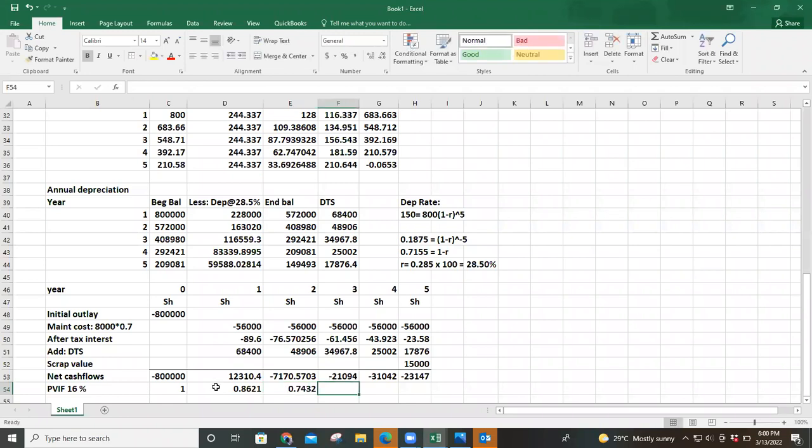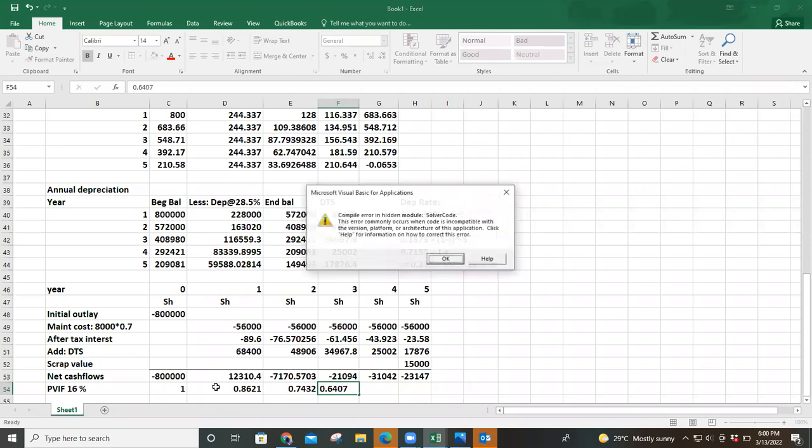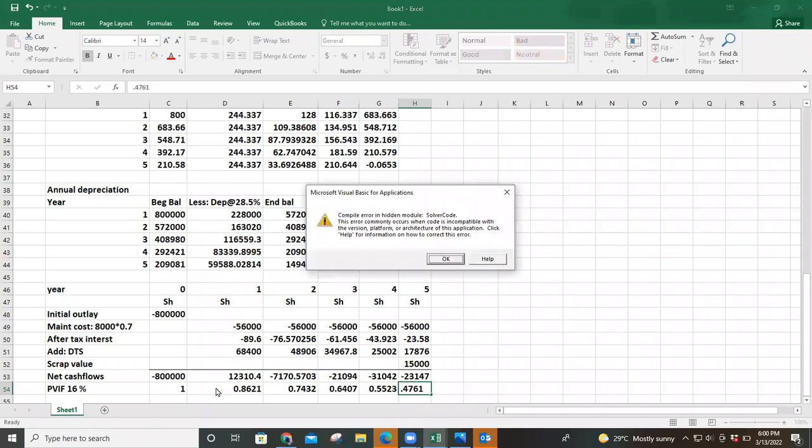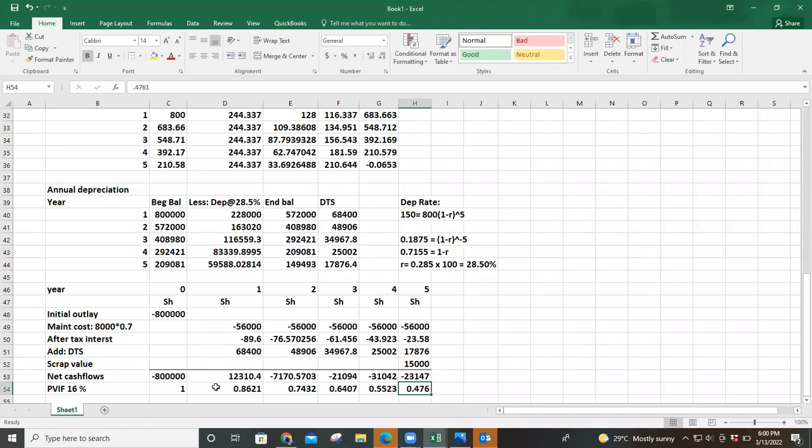Year 3 is 0.6407. Year 4 is 0.5523. And finally year 5 is 0.4761. Good.